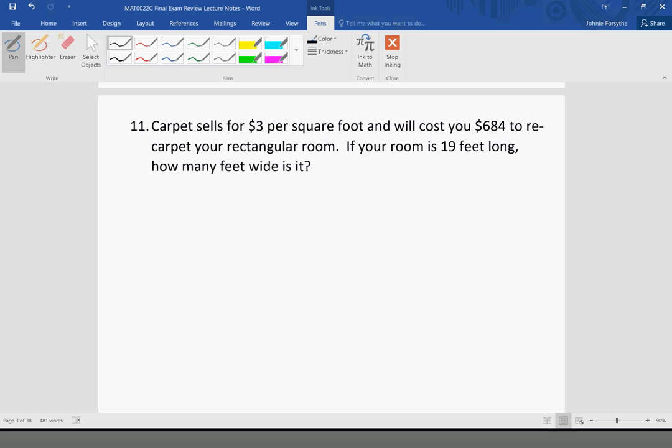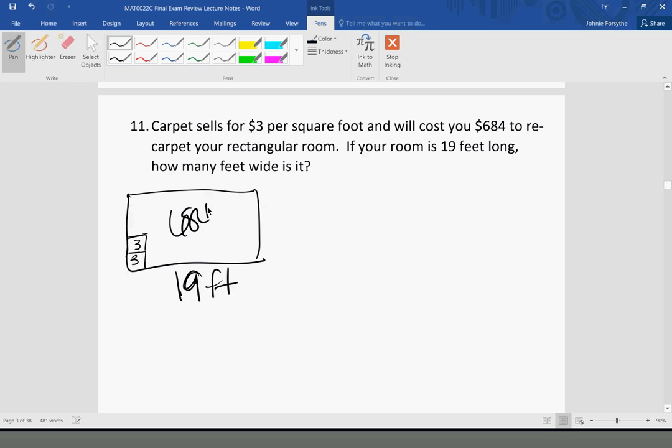Okay, so let's just sketch this out. 19 feet long, square foot. So each little square foot is $3, and it will cost you $684 to recarpet your rectangular room. If your room is 19 feet long, how many feet wide is it?